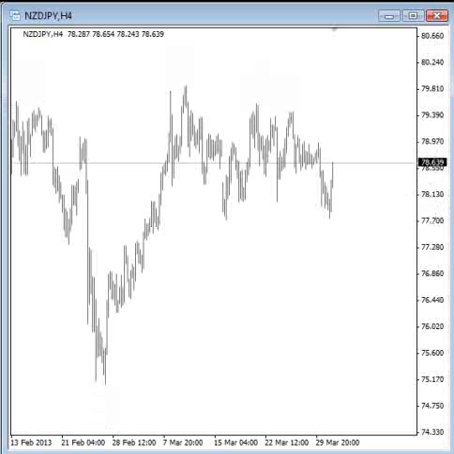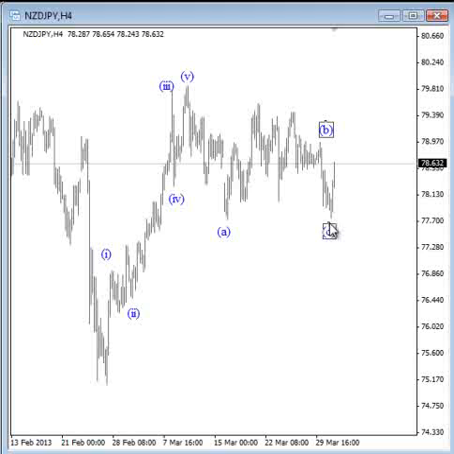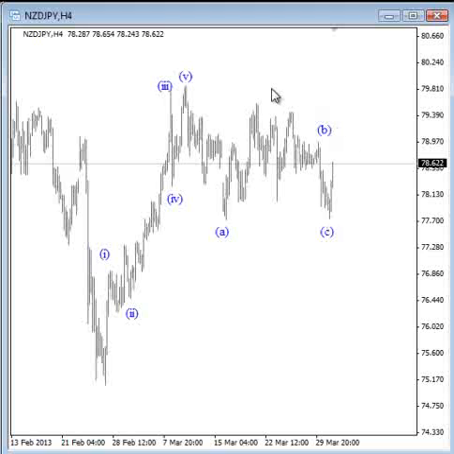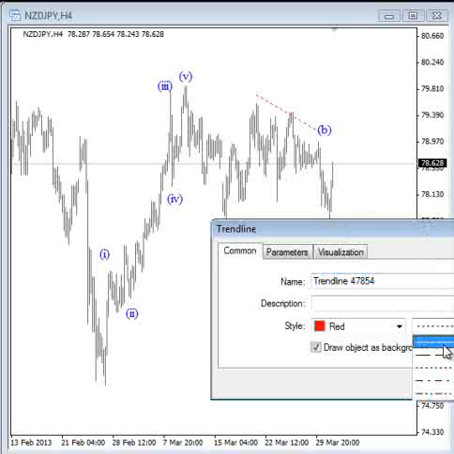This appears to be an impulsive rally: wave 1, wave 2, wave 3, wave 4 and wave 5, and then of course we had this three wave retracement here, and actually the wave count is very similar to Aussie yen that we just looked at.